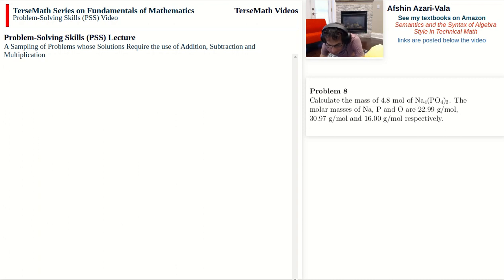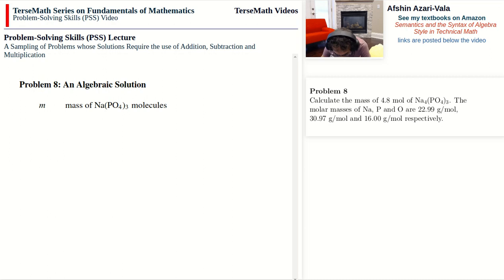And so starting with M as the mass of 4.8 moles of the Na4(PO4)3 molecules. I guess the 4 is missing for Na. Let me just quickly add it on. Add the 4. There we go. So Na4(PO4)3 molecules.